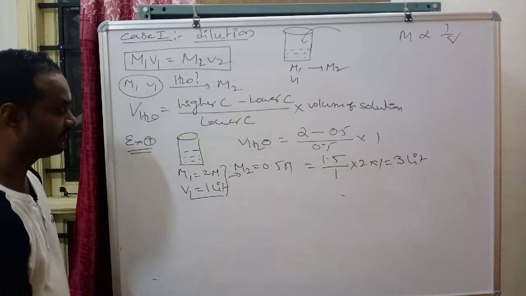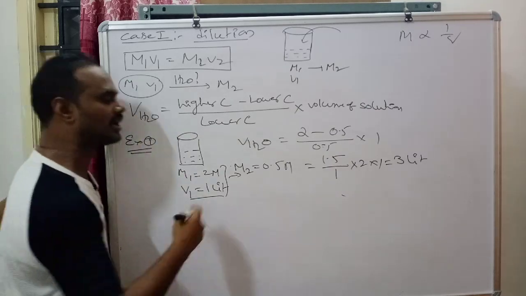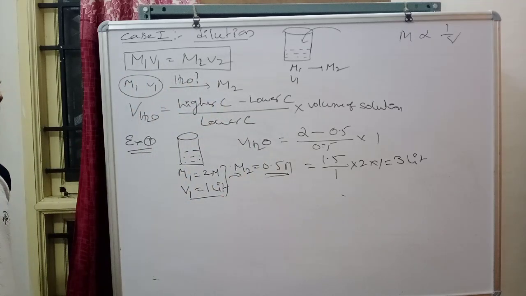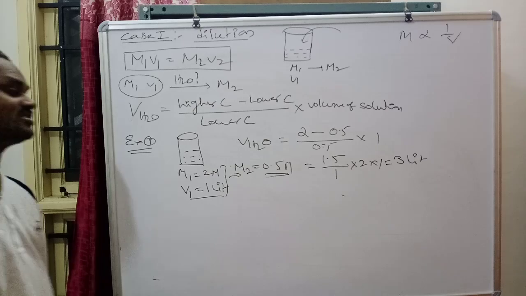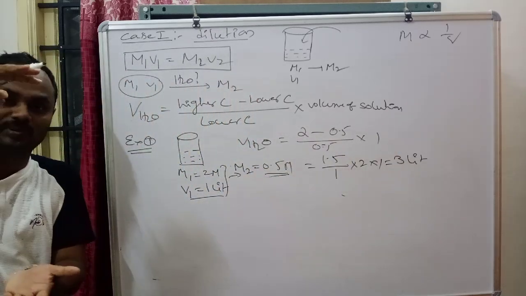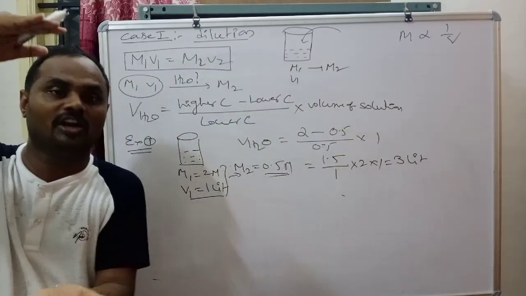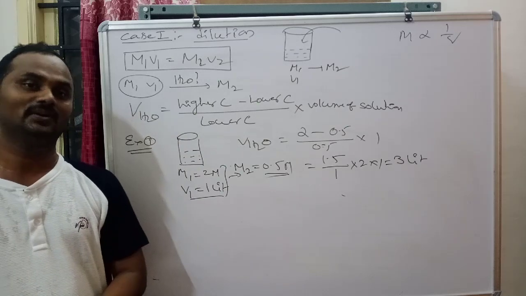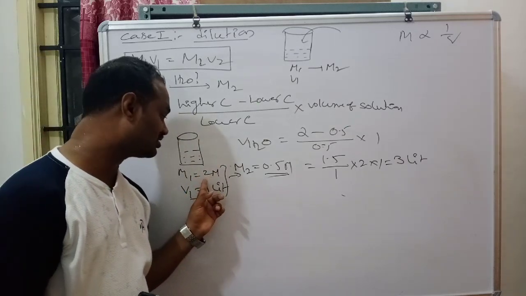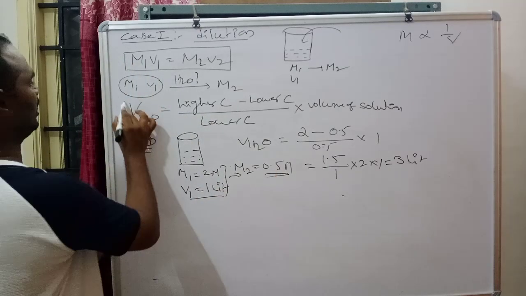So to convert this 1 liter 2 M solution into 0.5 M solution, the amount of extra water we add is 3 liters. If 3 liters is added, since 1 liter is already there, the total volume becomes 4 liters, and the concentration 2 M is converted to 0.5 M. So what is the formula?